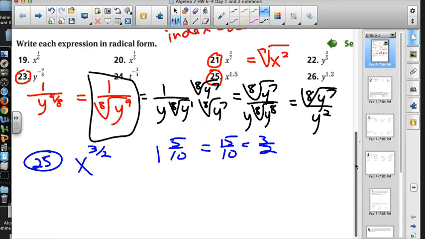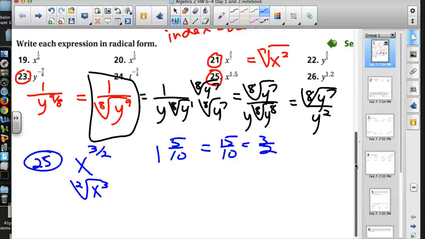Now, x to the 3/2 means that I need a 2 as my index. And again, with number 25, as we look at this, it's the square root of x to the 3rd. We really shouldn't leave it that way. And they did, I believe, for both answers in the book.